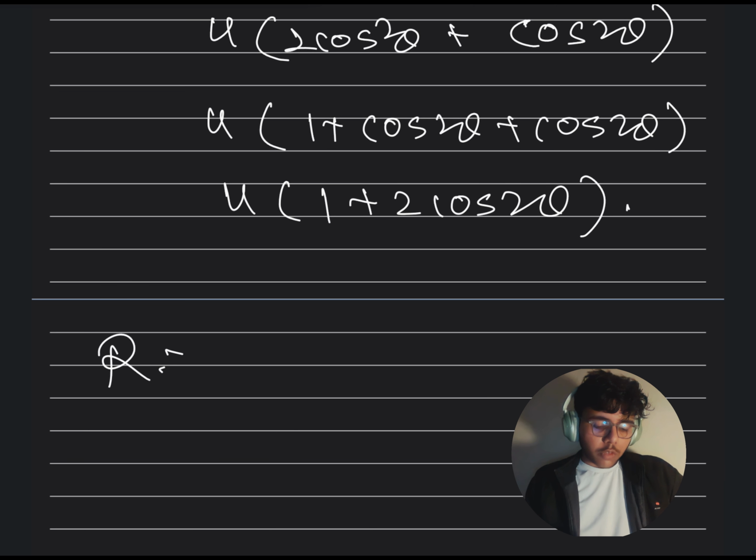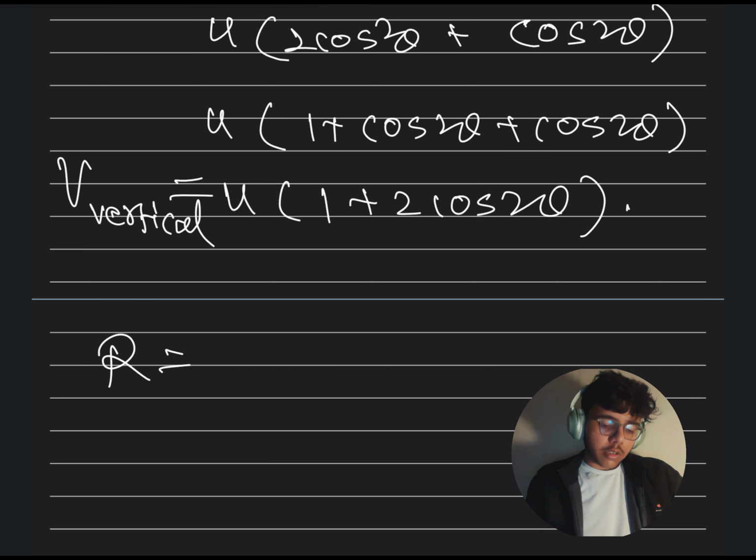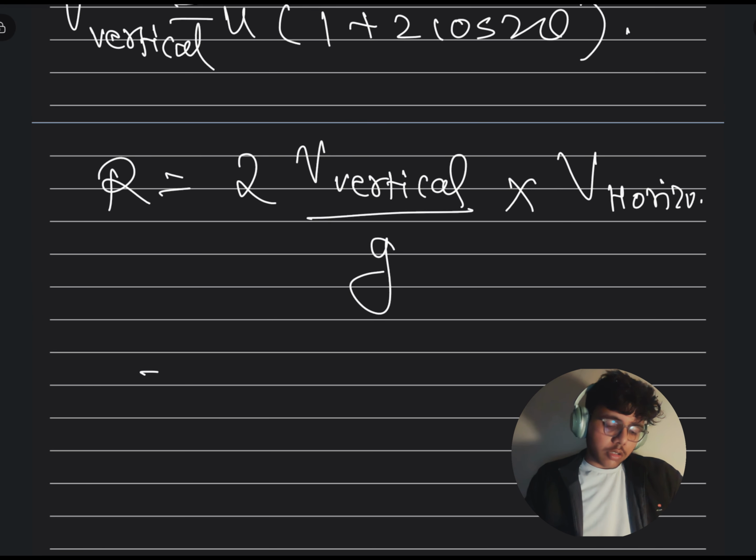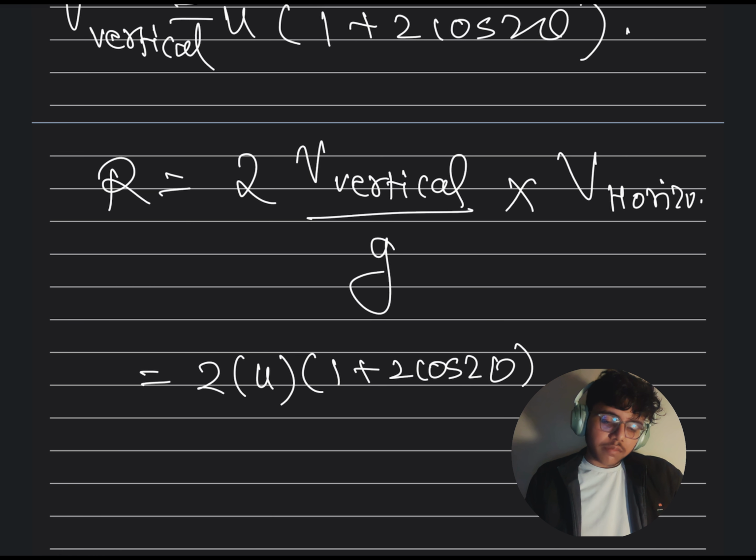So now we know the formula for range. This is 2 times v vertical upon g, multiplied by v horizontal. So this is basically 2 times u, 1 plus 2 cos 2 theta, into v horizontal.